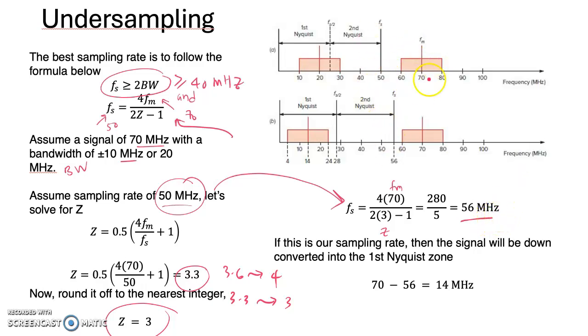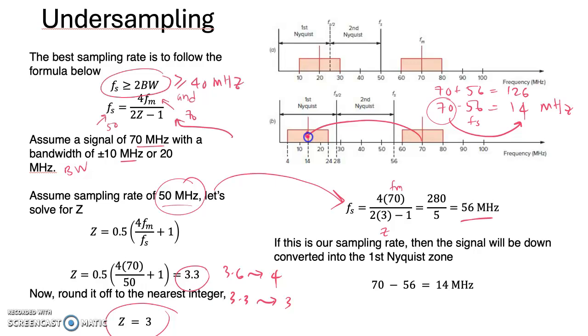Now, let's try to apply this with our signal Fm. So we have our signal at 70. So 70 plus 56, I will get 126, and 70 minus 56 will give me 14. So my signal from 70 is now down converted to 14 MHz if my sampling rate is 56 MHz.